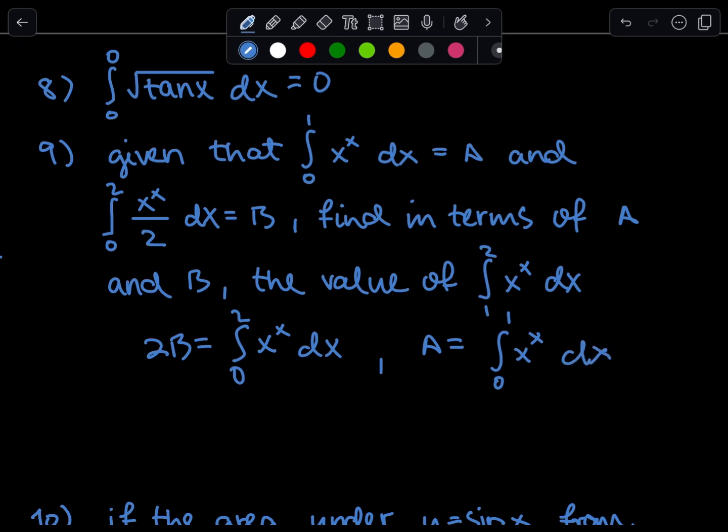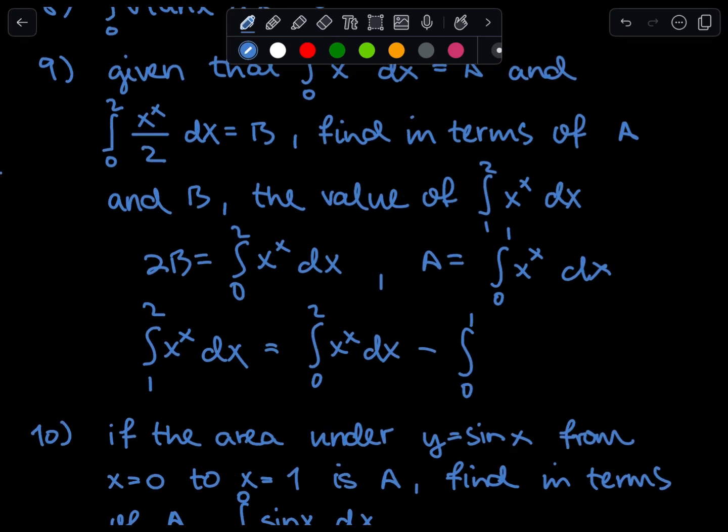Now, what we're looking for, the integral from 1 to 2 of x to the power of x dx, is the same as the integral from 0 to 2 of x to the power of x dx minus the integral from 0 to 1 of x to the power of x dx.